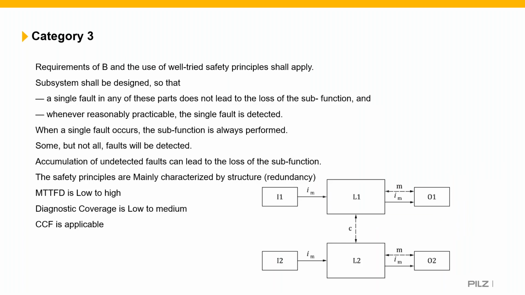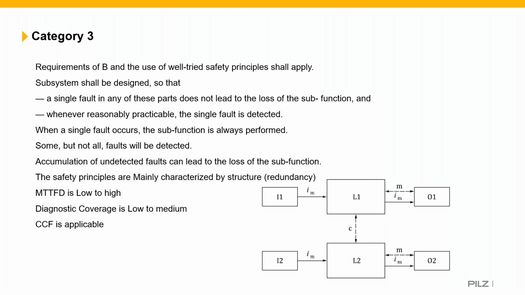Category 3 architecture. So you can have from low to high MTTFDs of these products. It's a redundant architecture where you have 2 channels, and we do have cross monitoring between a lot of these channels. We have 2 shutdown output devices in this.